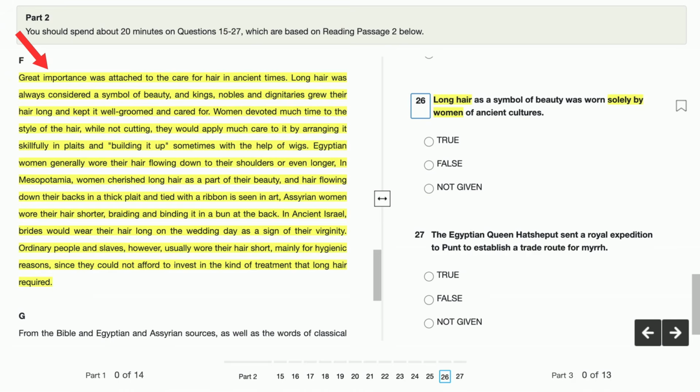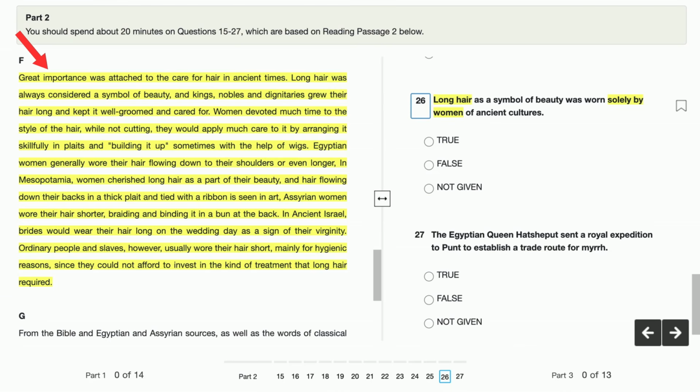Great importance was attached to the care for hair in ancient times. Long hair was always considered a symbol of beauty, and kings, nobles, and dignitaries grew their hair long and kept it well groomed and cared for. Women devoted much time to the style of the hair. While not cutting, they would apply much care to it by arranging it skillfully in plaits and building it up, sometimes with the help of wigs. Egyptian women generally wore their hair flowing down to their shoulders, or even longer.